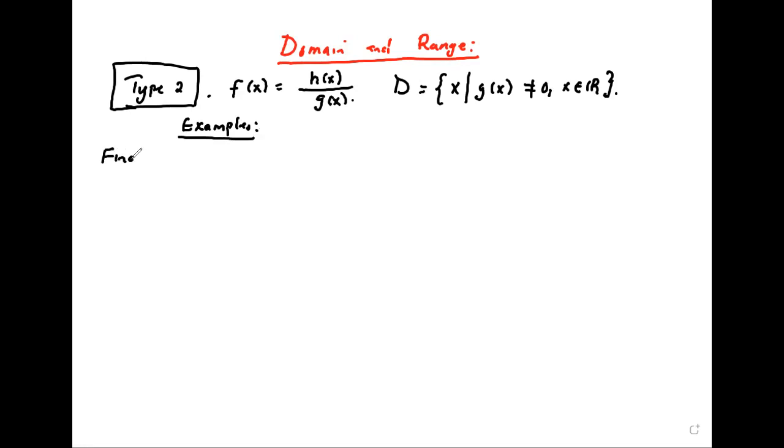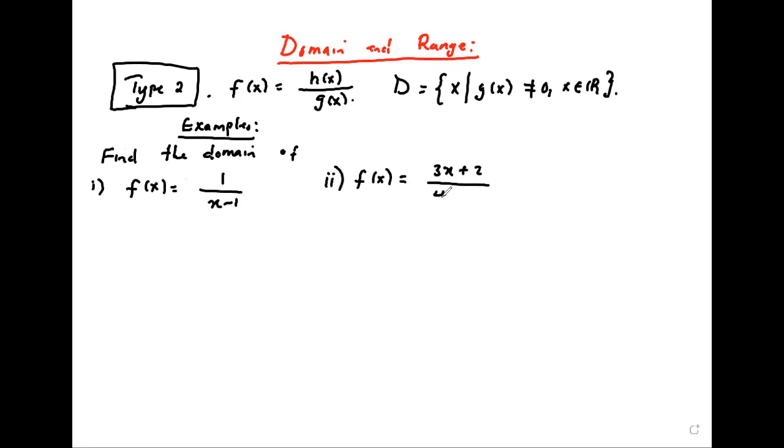Find the domain of 1, f of x is equal to 1 over x minus 1. 2, f of x is equal to 3x plus 2 over 4x plus 7.